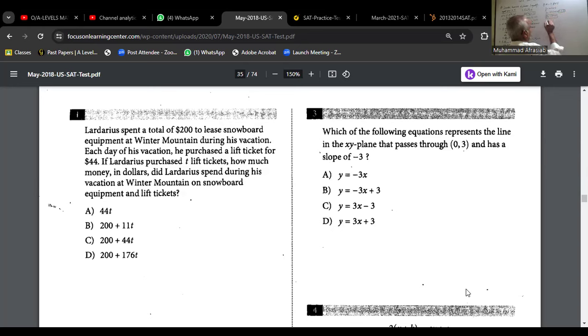And this is the option: -3x plus 3 is the B part. So B is the choice of this function.